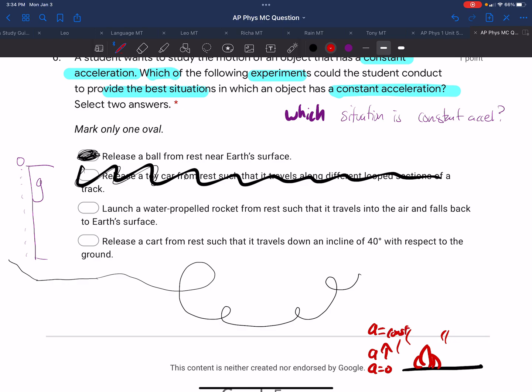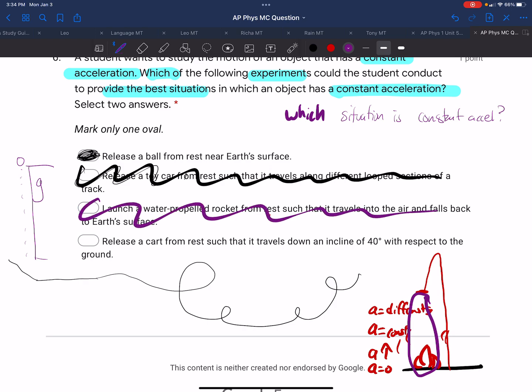And then it runs out of fuel, and the acceleration is a different constant. And that constant will continue until it gets to the top and accelerates back downward from g. But it's not until this point that we get a constant acceleration. This entire portion of the motion will not be constant acceleration, so that one's out.